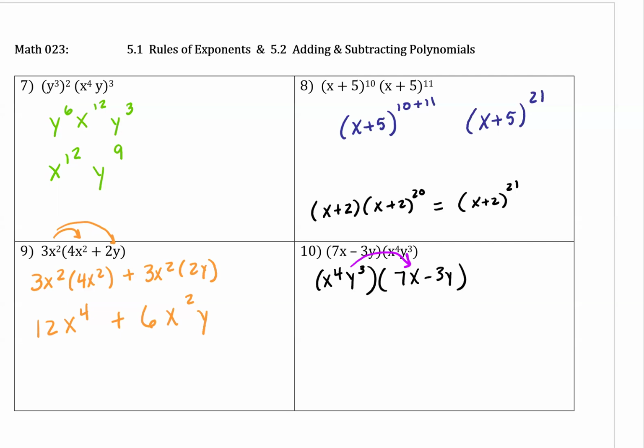So I'm going to have x to the fourth y cubed times 7x minus x to the fourth y cubed times 3y. And if it helps to put this in parentheses, go for it.